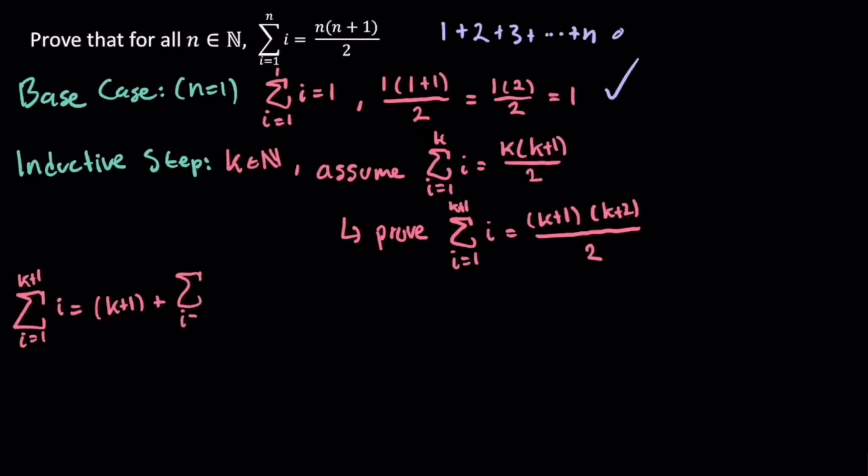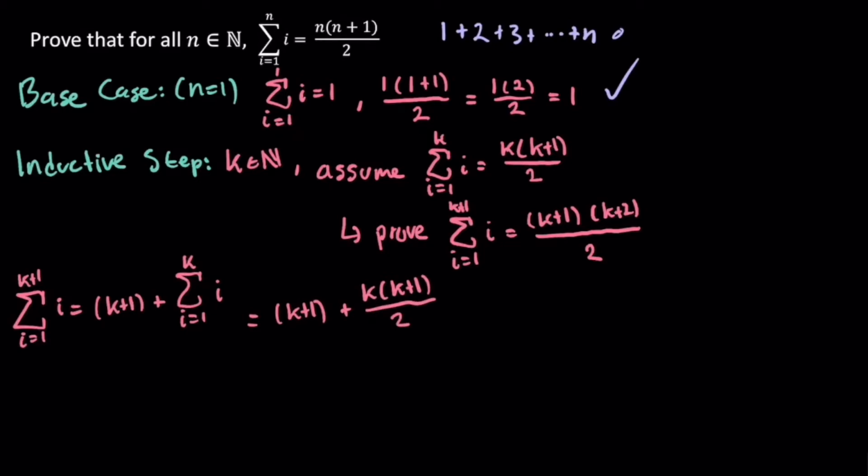This one goes from i equals 1 to k. And you'll notice that these are the same. I'm just separating it, and you'll see why in just a second here. And what I'm going to do is take this and replace it with what we have in the inductive hypothesis, okay? So we're going to get that this is equal to k plus 1 as before, plus k times k plus 1 over 2.